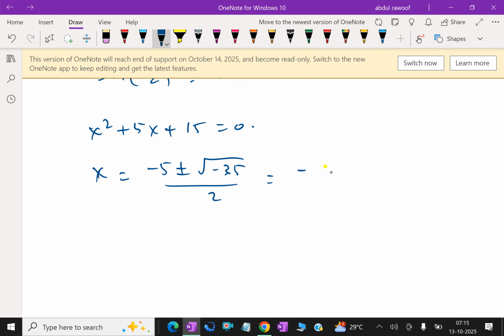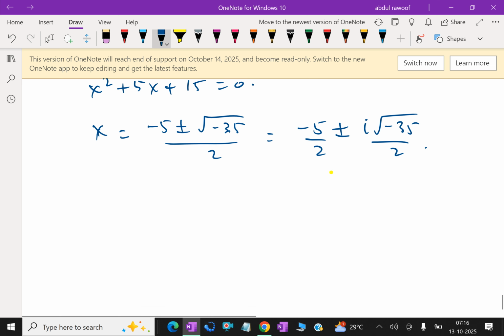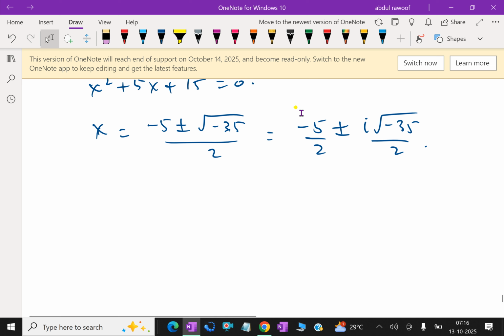This can be written as minus 5 plus or minus i into root of 35, all by 2. Therefore, the solution is a complex number.